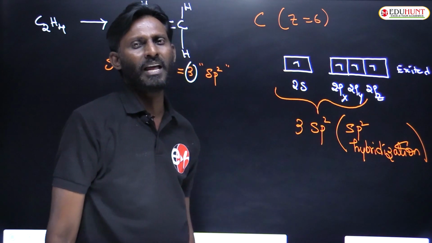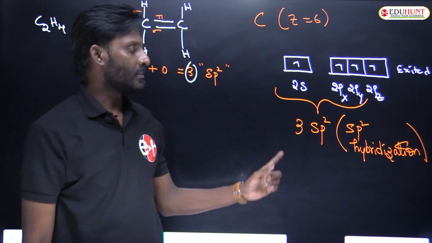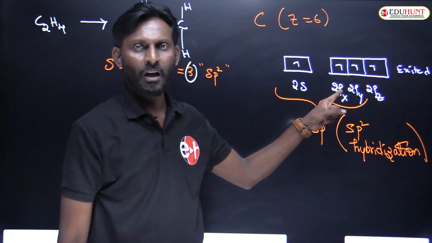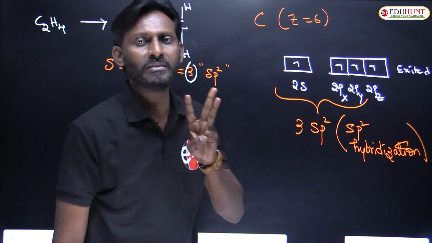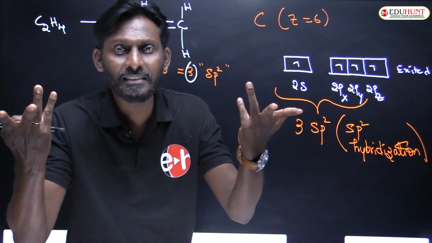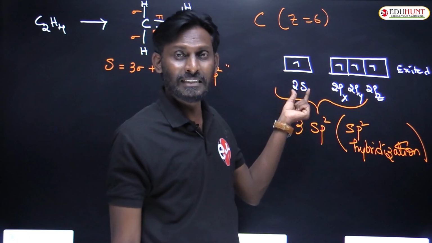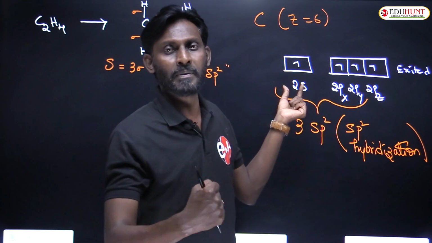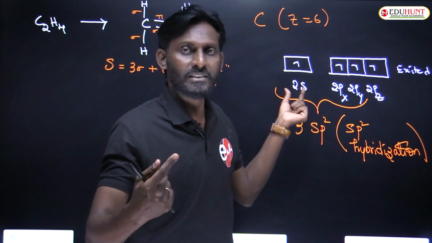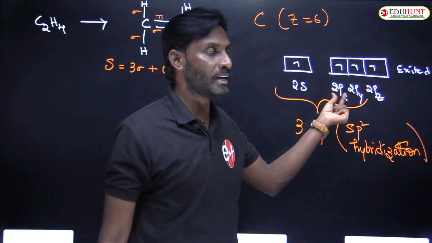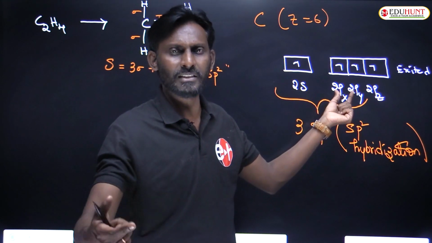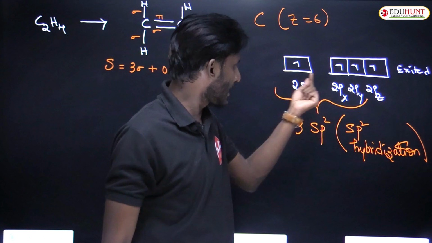Then what is the speciality of this? There are 3 atomic orbitals, and after intermixing also you got 3 hybrid orbitals. What is the speciality? See, here the atomic orbitals are not equivalent. This is an s orbital. Its shape, its geometry and its energy are very much different from the shape, geometry and everything about the p orbital. These are not equivalent.